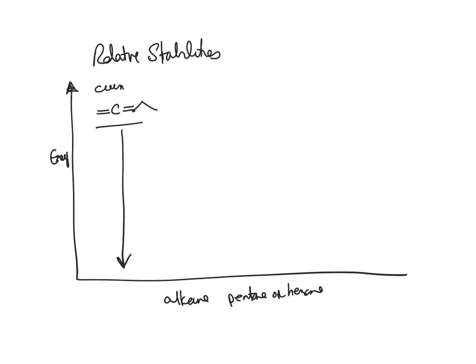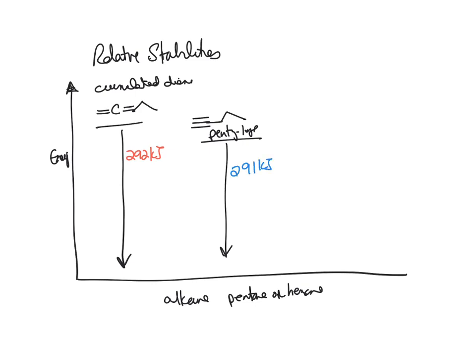So this is a cumulated diene, and this gives off 292 kilojoules. If you have a pentyne, so if you take a pentyne, which is an alkyne, and you take this all the way down to the pentane, this gives off 291 kilojoules.